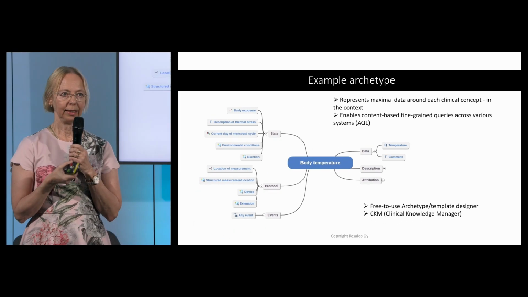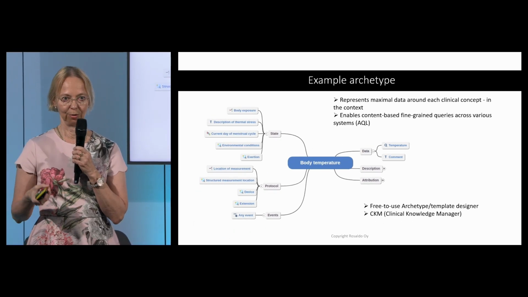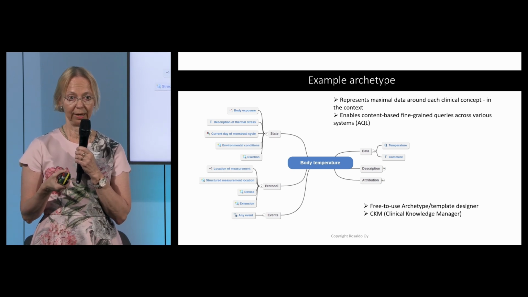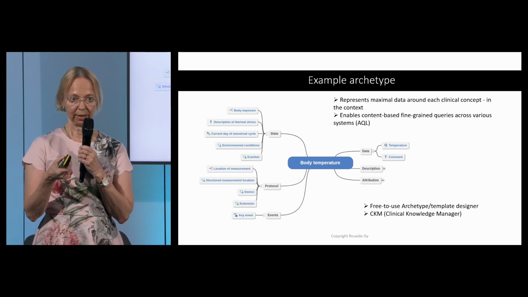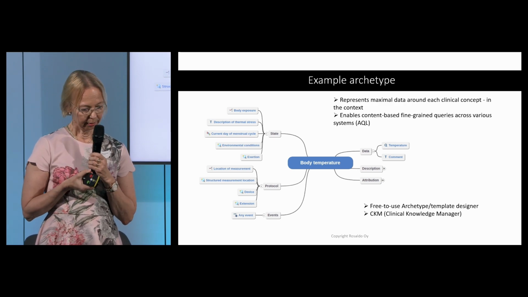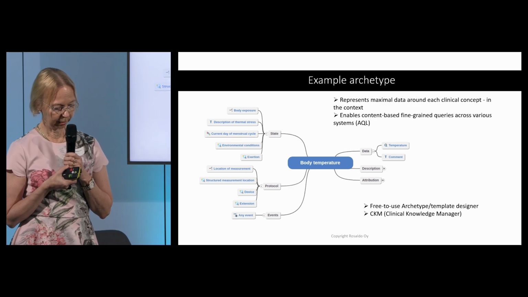And it is a lot easier to agree on a maximal content than minimal content. And this is what OpenEHR is doing. So we represent data in these kinds of maximal clinical concepts or social care concepts, and we call them archetypes.